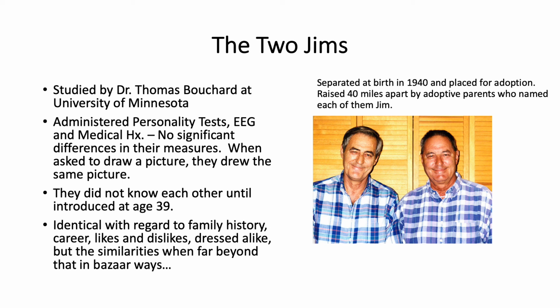At which point Dr. Bouchard had contact with these twins and did some personality testing, brainwave testing, and took their medical histories and their psychosocial histories. And he found some incredible similarities between the two Jims.